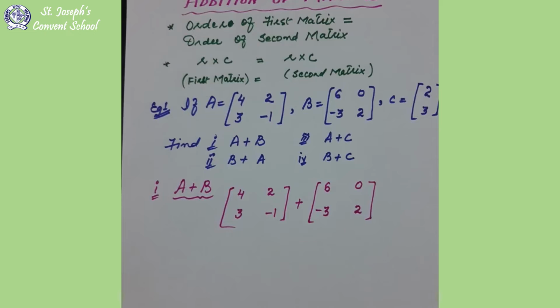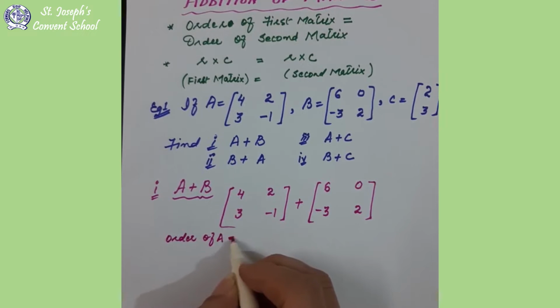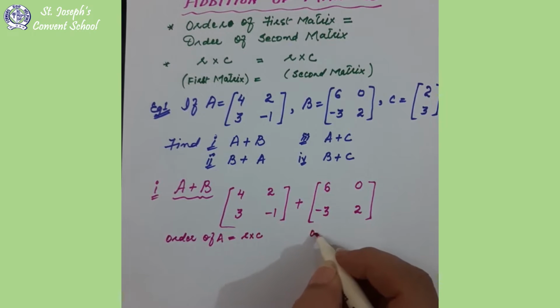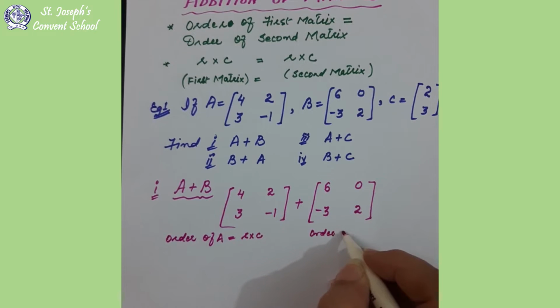Now according to the rule, we will check the order first. Order of A equals row into column, and order of B, row into column.